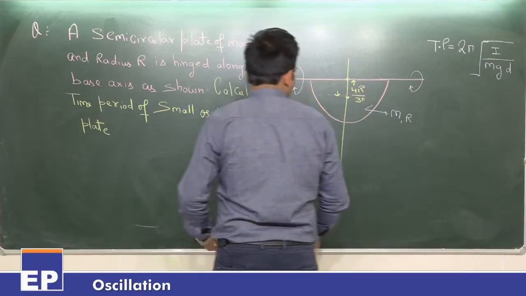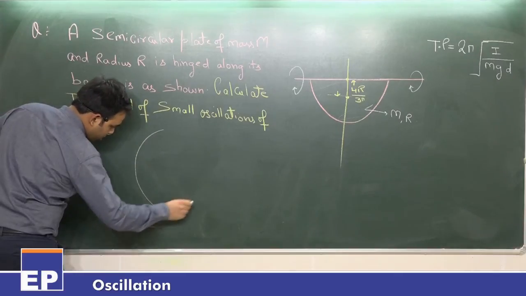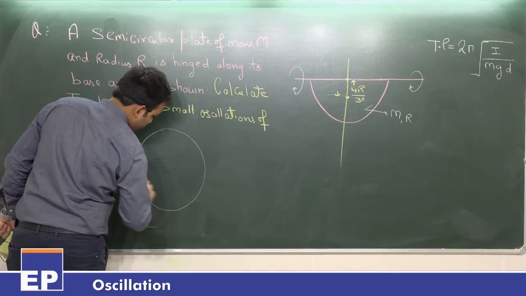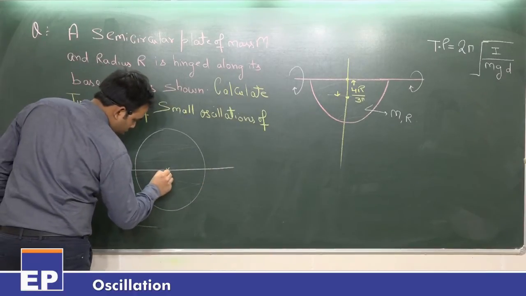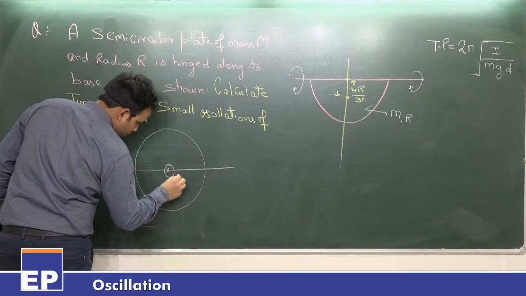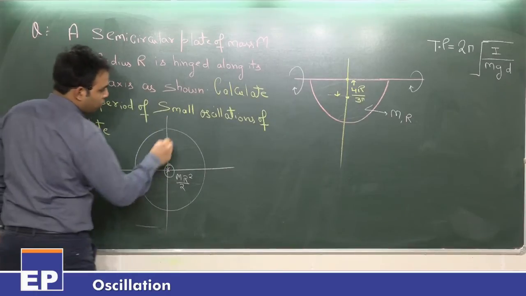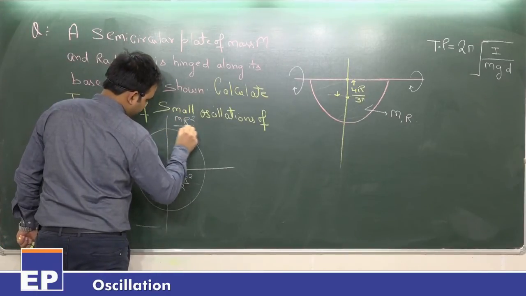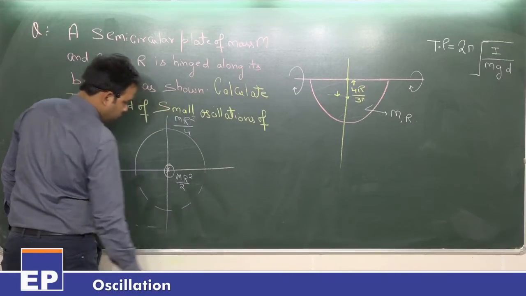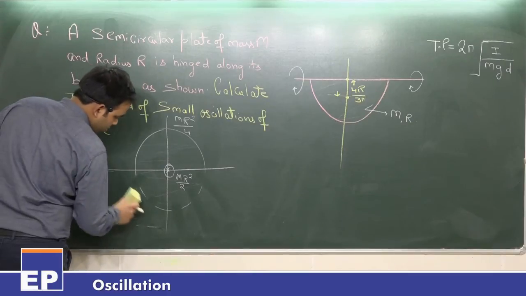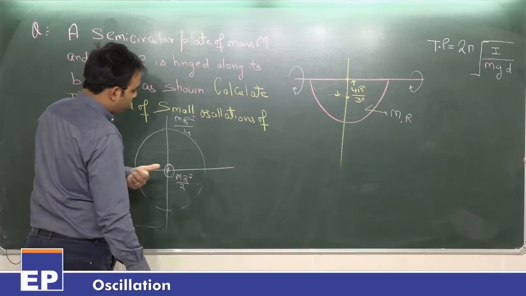देखो हमारे पास कोई एक डिस्क का मोमेंट ऑफ इनर्शिया इसके अबाउट कितना होगा? जैसे हमारे पास अगर एक कंप्लीट डिस्क है, तब तो हमें पता है कि इस एक्सिस के अबाउट कितना होता है? mr स्क्वायर बाई 2. अगर हम इस डिस्क को रिमूव कर देते हैं, if this disk is removed, then about it remains mr square by 2.